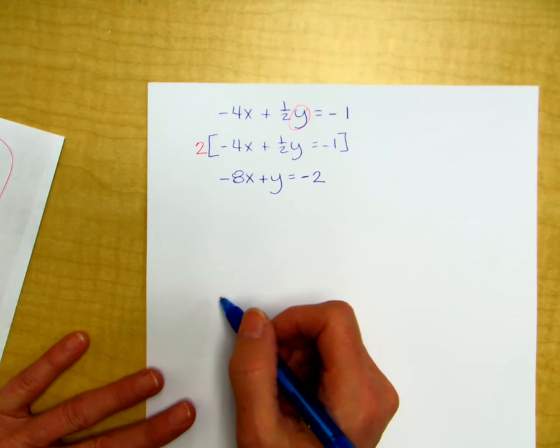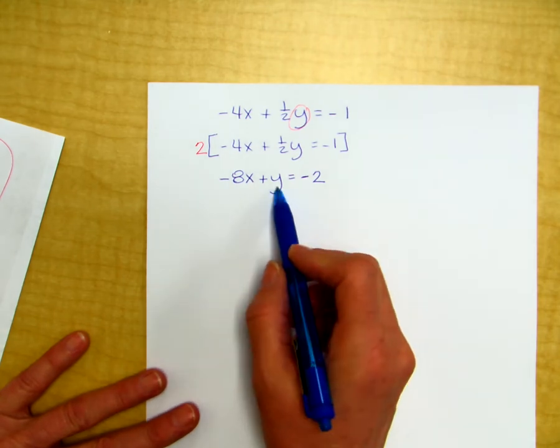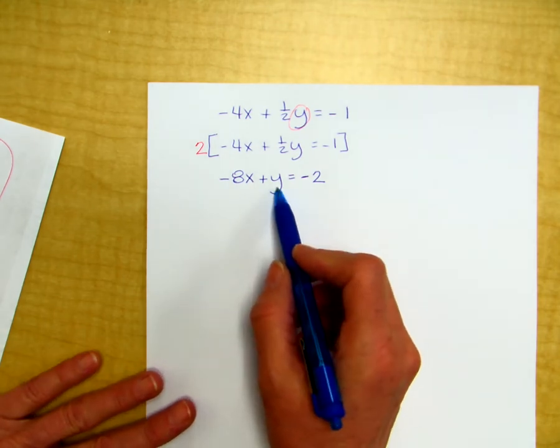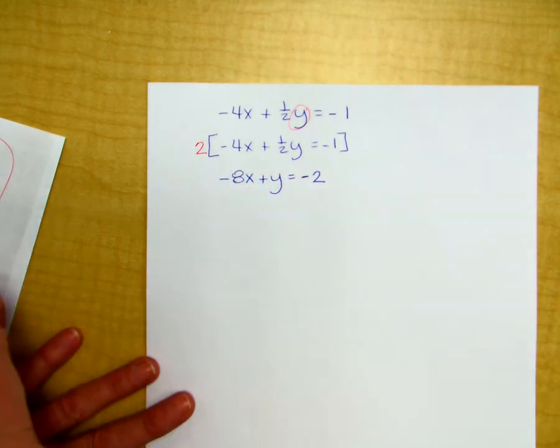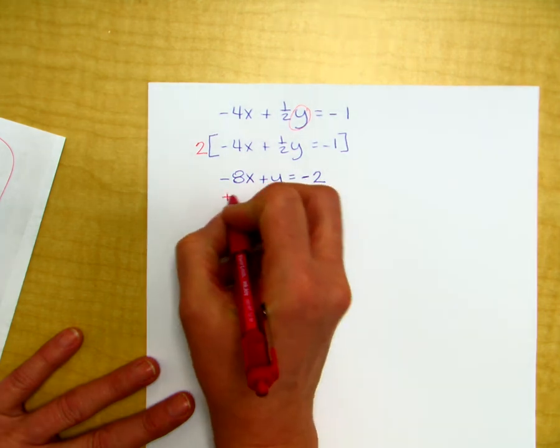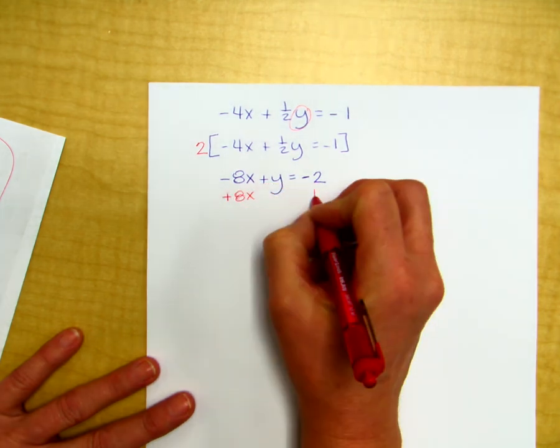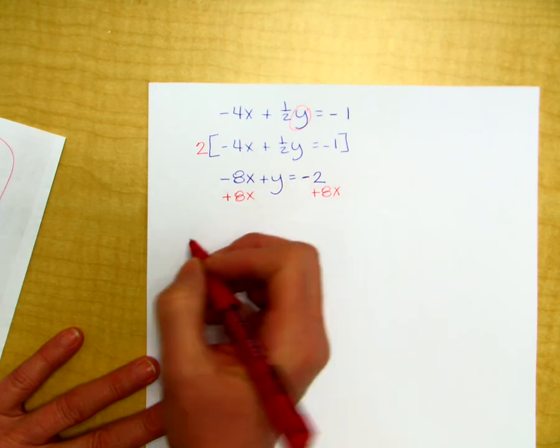We cannot simplify either side. The variable y is just on the left-hand side. There is this negative 8x term on the same side with it, and we can add 8x to make that go away. So we are going to add 8x to both sides.